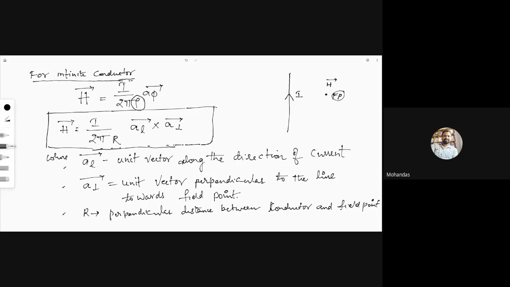An infinitely long current carrying conductor is located at x equal to 2 meters, comma, z equal to 2 meters, carrying a current of 5 amperes along positive y direction.